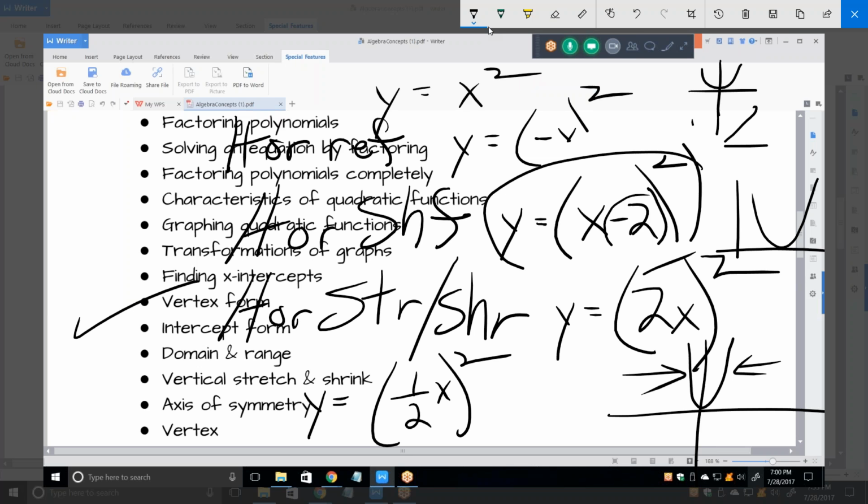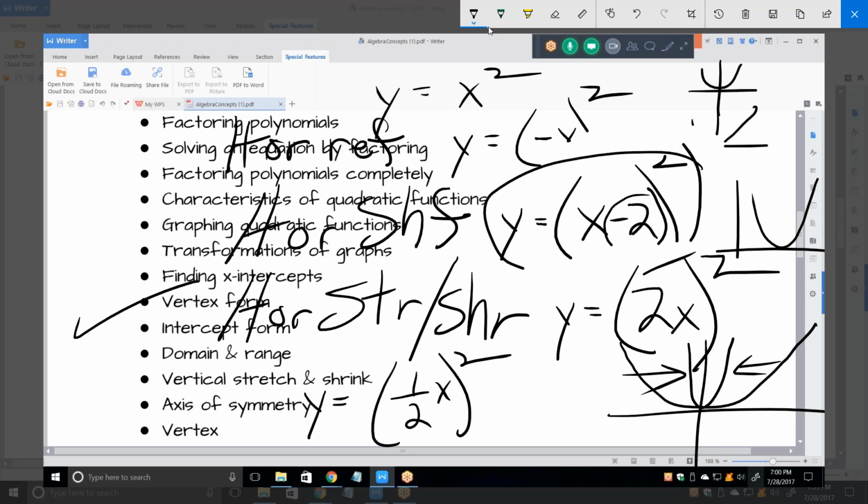Like that. Then that would make it horizontally fatter. That would make it look like this. And notice that that makes sense. Because if I were to perform this operation, I get y equals 4x squared, right?